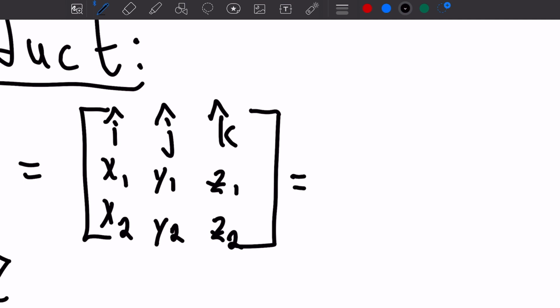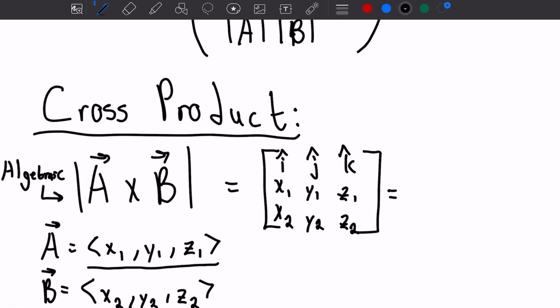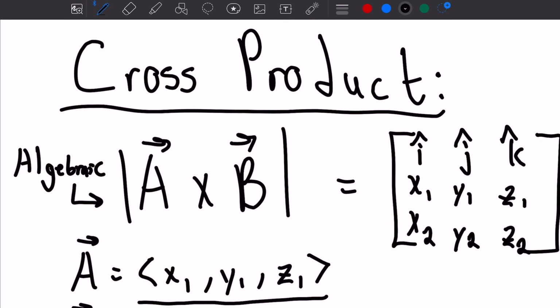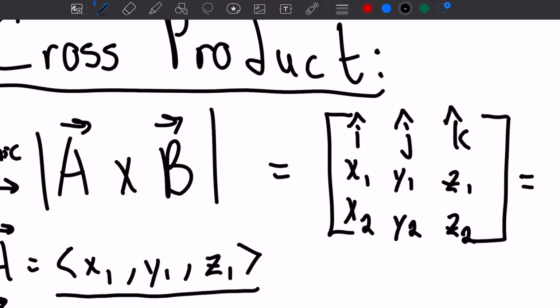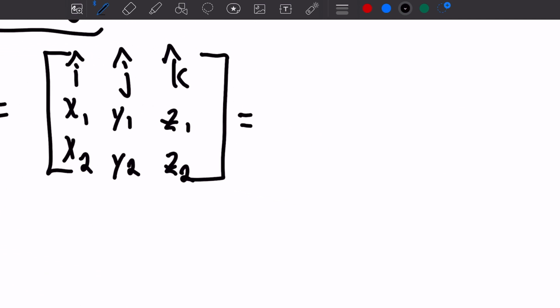So again, that's another main difference between the cross product and the dot product: in the cross product, you input two vector functions, and your output is also a vector. So again, each of these is a vector, and your output will be a vector as well.